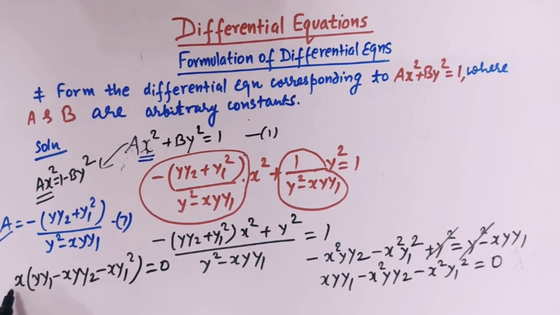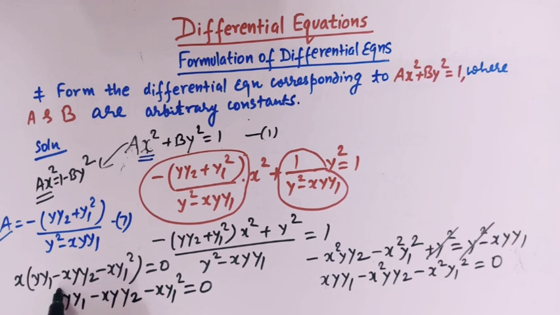Now here x is not zero, so we have y y1 - x y y2 - x y1² = 0. So this is the required differential equation corresponding to this family of curves.